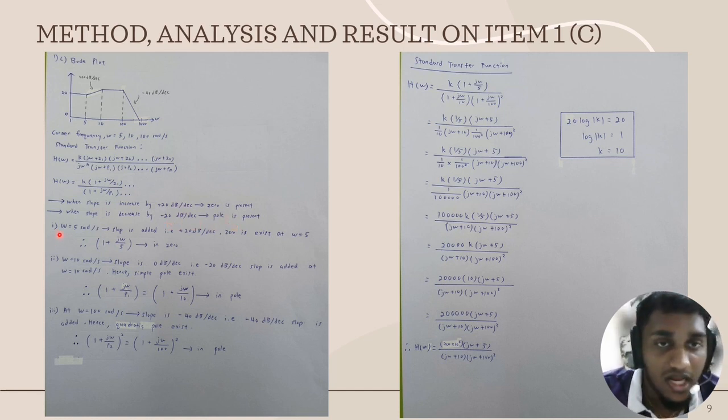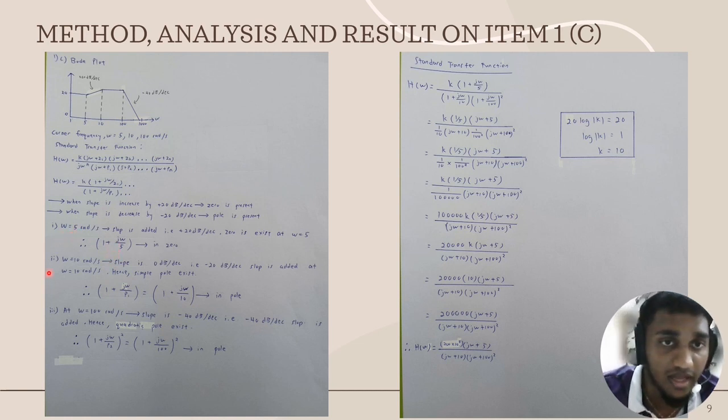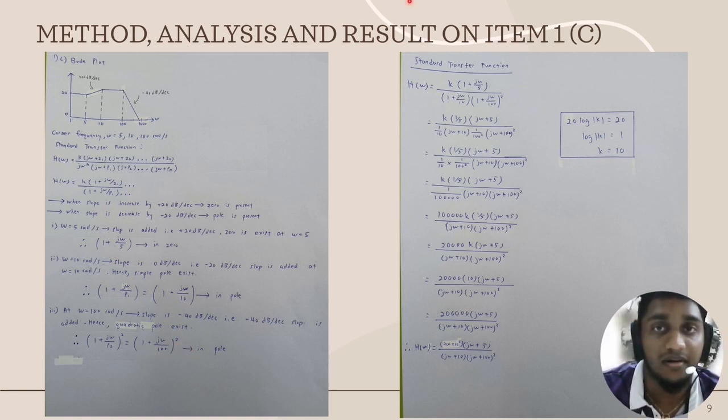We know that omega equals 5 radians per second is 1 plus omega over 5, and omega equals 10 radians per second is 1 plus omega over 10 in pole. And lastly, omega equals 100 radians per second is 1 plus omega over 100 squared in pole.